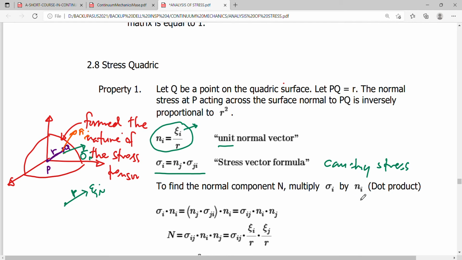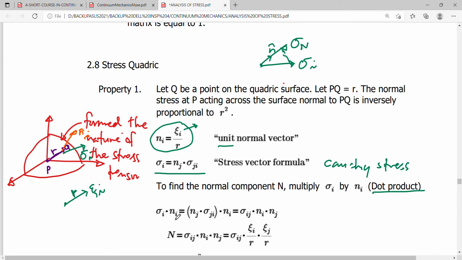If this is your n unit vector, then you just take the projection of sigma i, and taking the projection is simply a dot product operation in vectors.